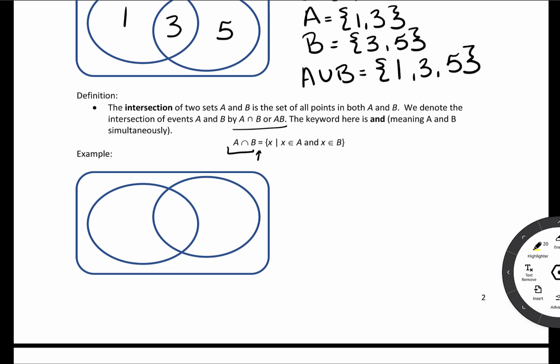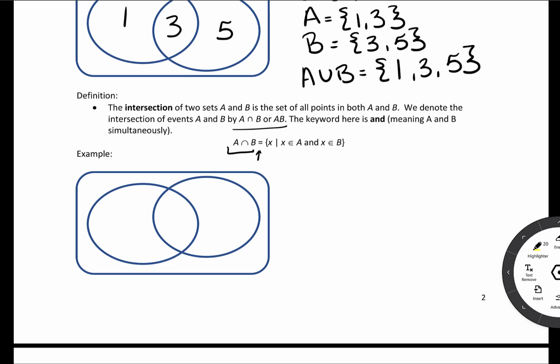It's just saying all of the x such that, that's what the vertical line means, x is included in A and x is included in B. Or we could say x is an element of A and x is an element of B. So what the notation does here for us is it gives us a compact way to write a rather long sentence. So in other words, A intersect B is equal to the set of all x such that x is an element of A and x is an element of B.